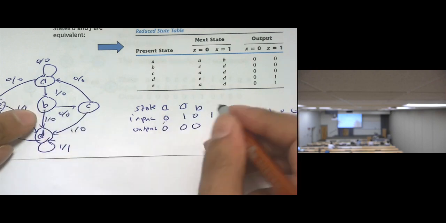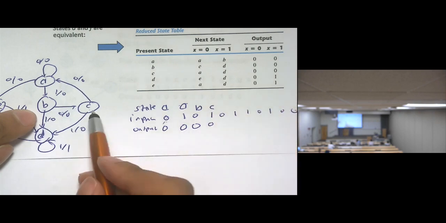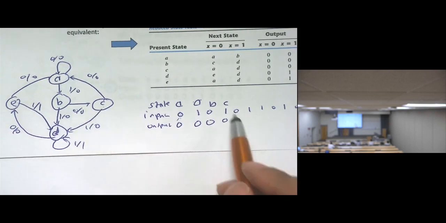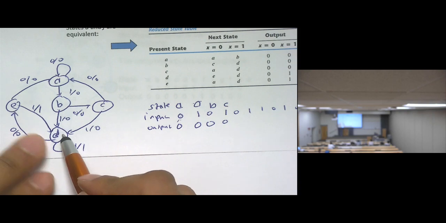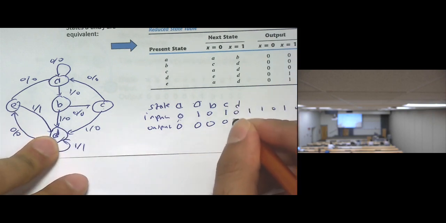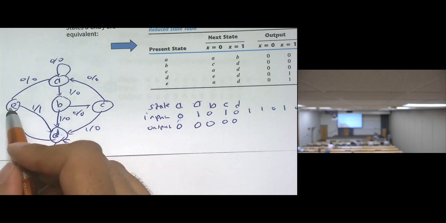To C, right? Yes. And the output's 0. Now I'm at C. The input is 1. Where should I go? D. And the output's 0. Now I'm at D and the input is 0. Where should I go? E. And the output is 0.